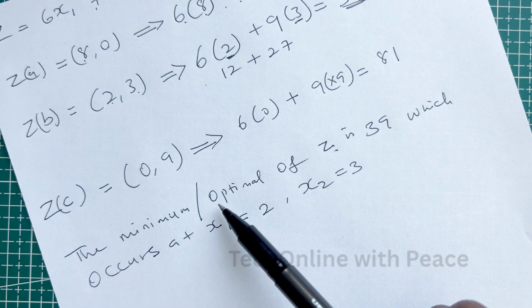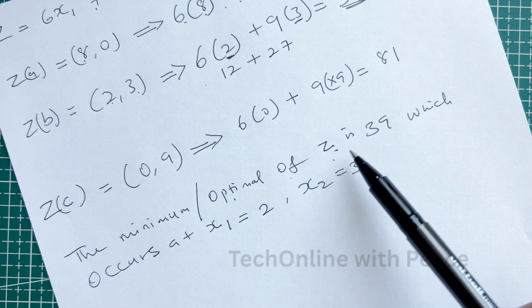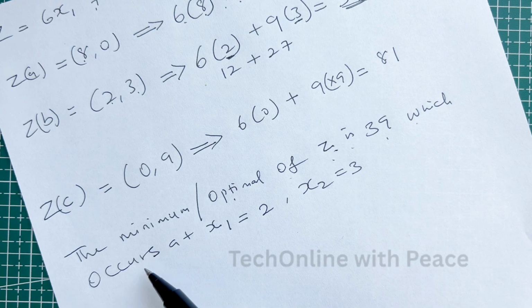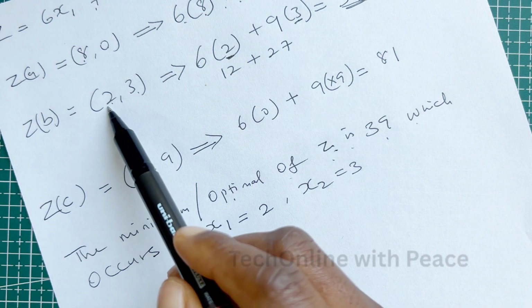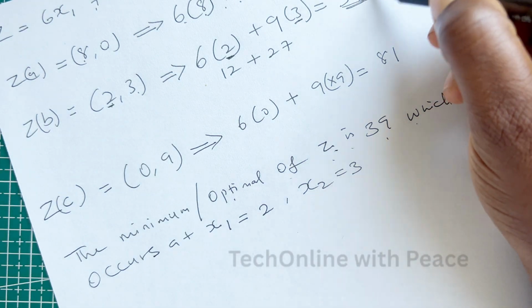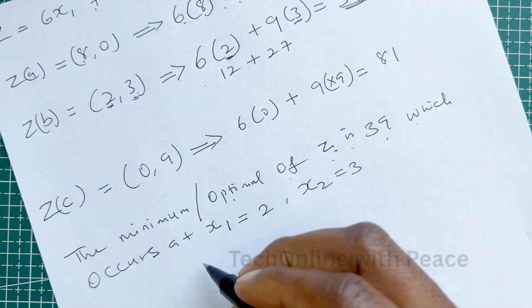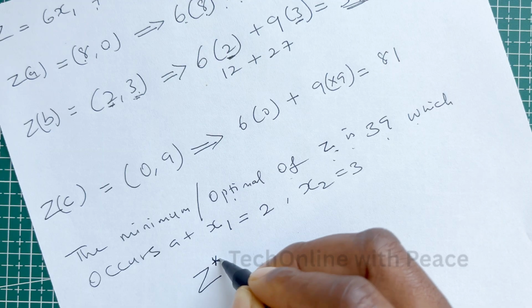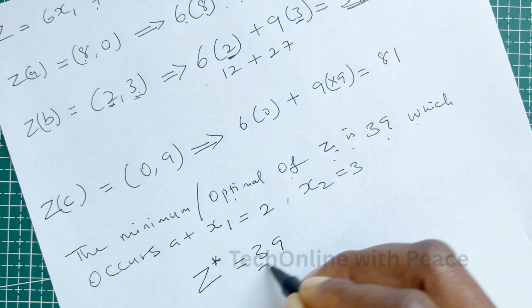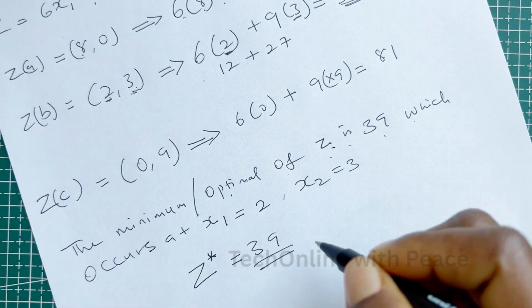The minimum or optimal value of z is 39, which occurs at x1 equals 2, because this is our least value, and x2 equals 3. So we have our z to be 39. So this is the final solution.